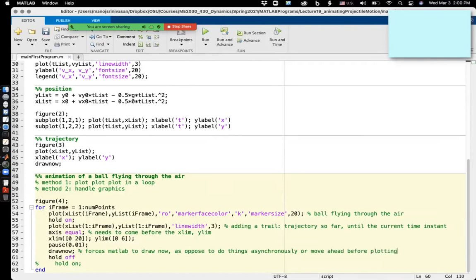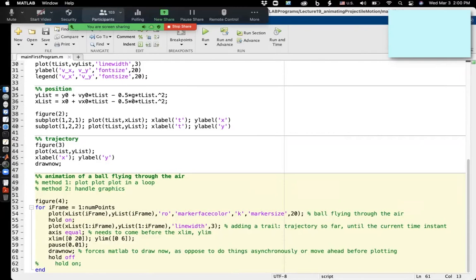And then we hold off so that when we draw the ball the next time, it doesn't erase the whole thing and then you redraw the whole thing. So that's the procedure. You do hold on, draw everything that you want to draw, and then hold off, and then redo that over and over again. Any questions about this? Okay, if things are pretty clear.